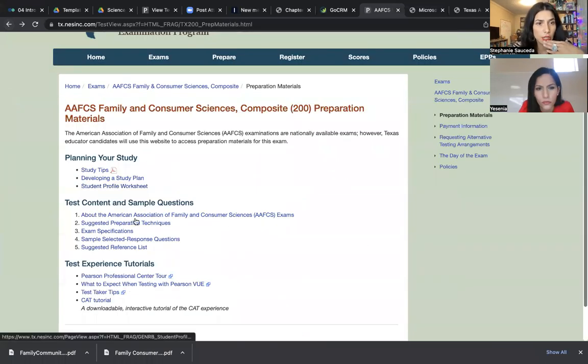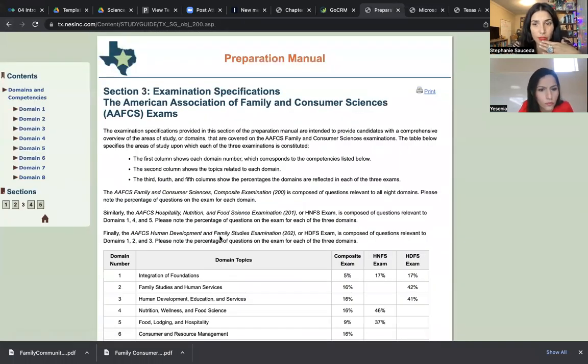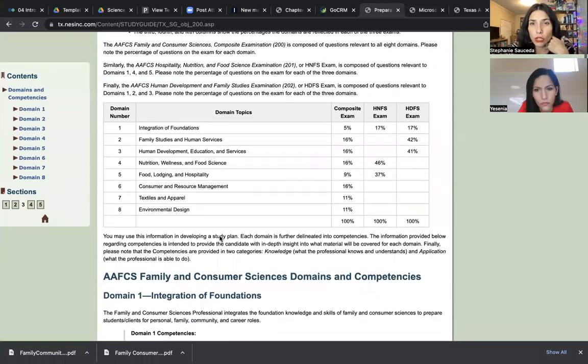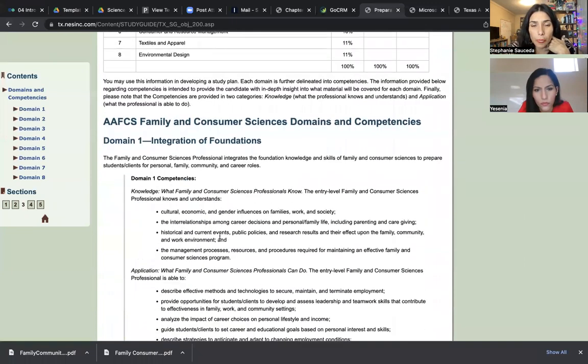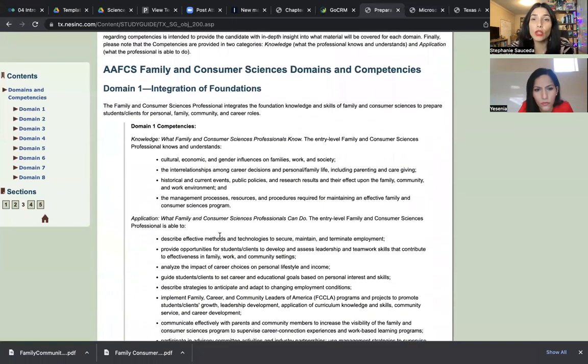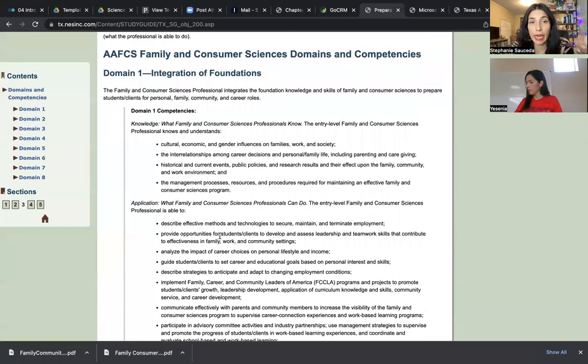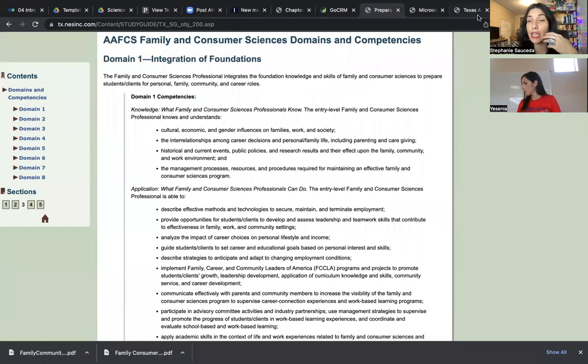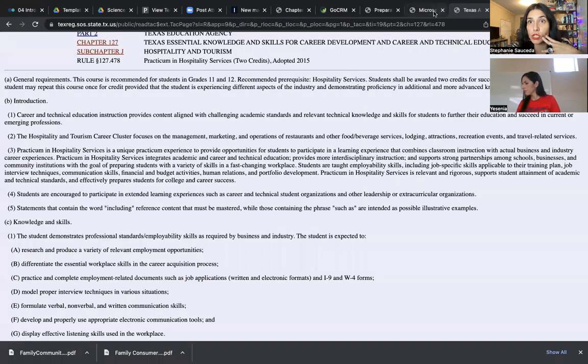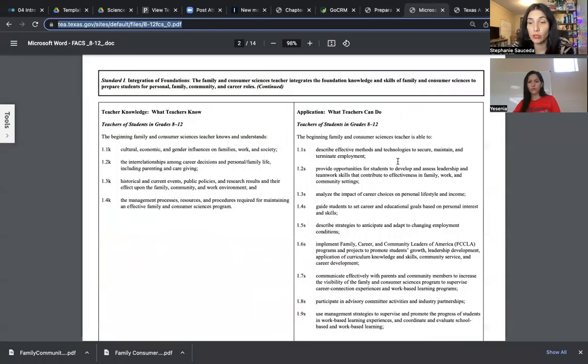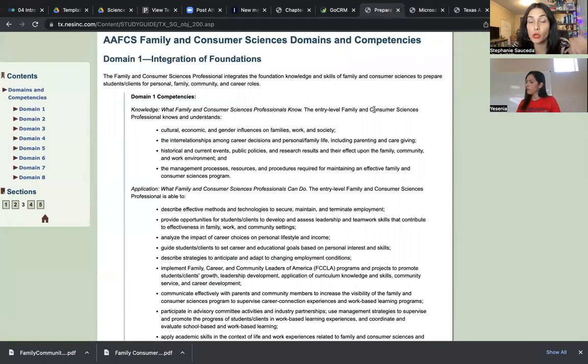Okay, here, if I look at the exam specifications, you can look at the particular domains and competencies. So they take our standards document, which is this here. This comes from TEA. They send it to the test maker and they come up with domains and competencies.